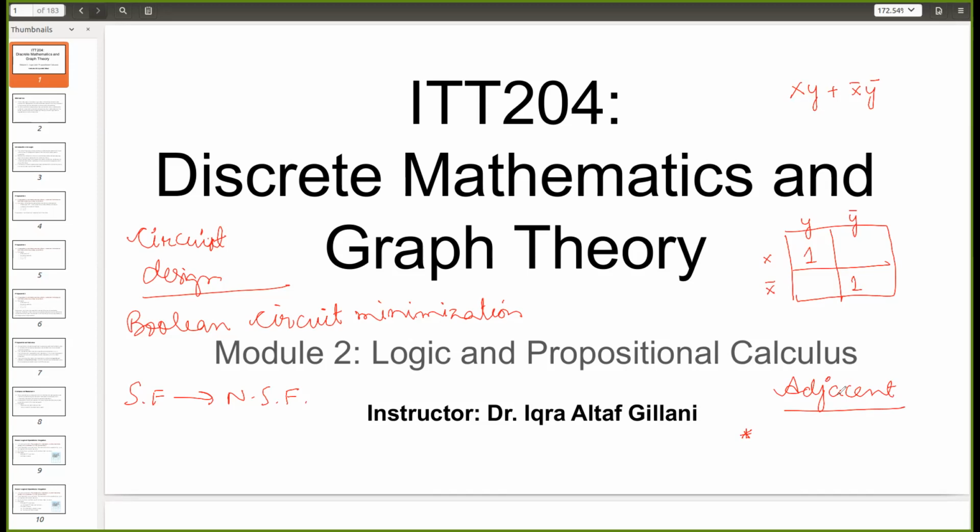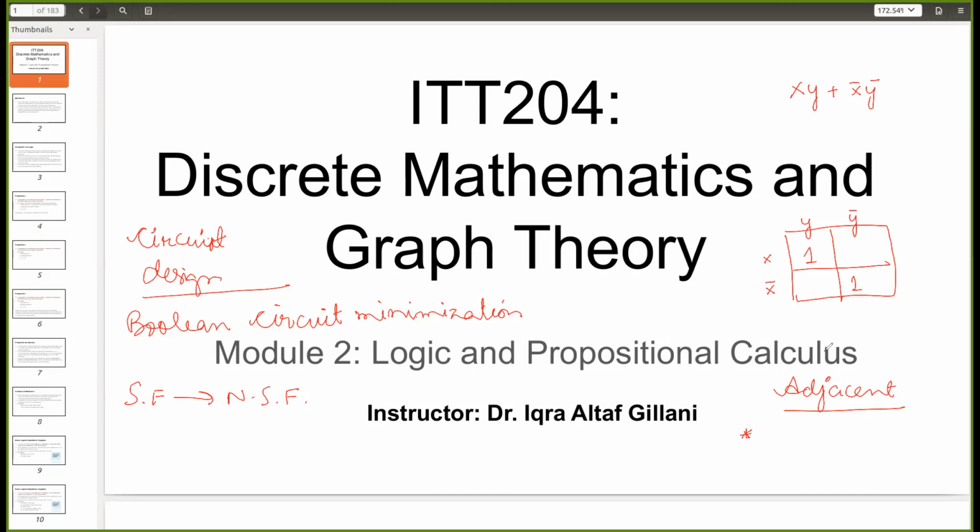Most of you are giving a little vague definition. When one literal is common, in general, you can say when one literal is different. Because when you move to three variables, you cannot say one literal is common, since that would mean two are different. In general, we say two cells are adjacent when they differ by exactly one literal.